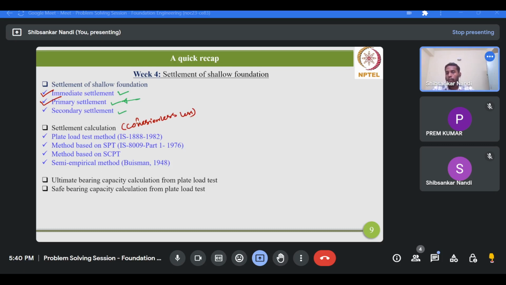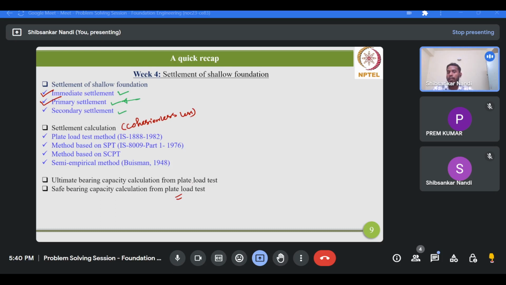Okay, now apart from these two topics, that is the different types of settlement for shallow foundation and the calculation procedure for settlement of shallow foundation, we have also learned how to calculate the ultimate bearing capacity and the safe bearing capacity from the data of plate load test.